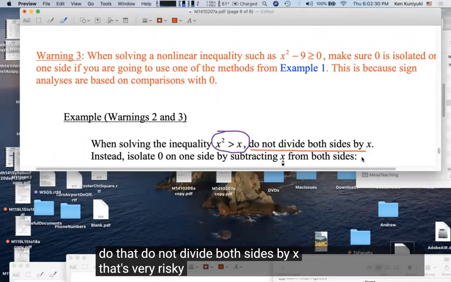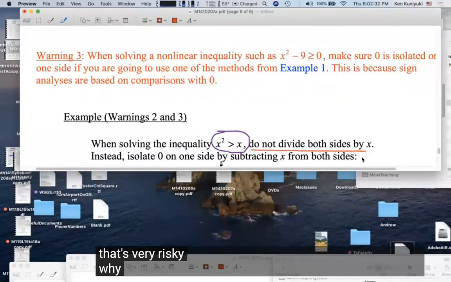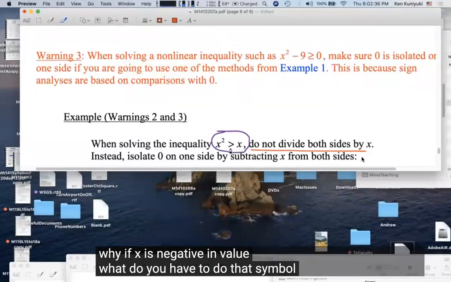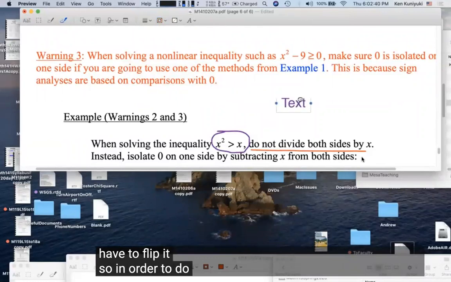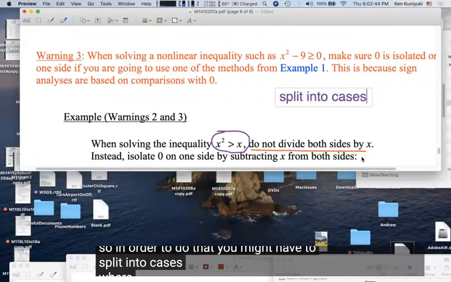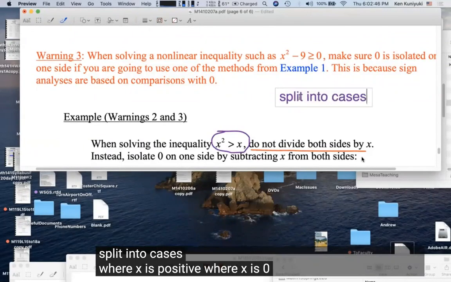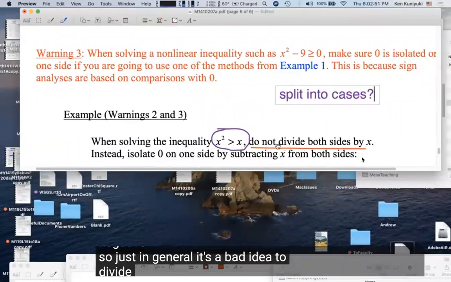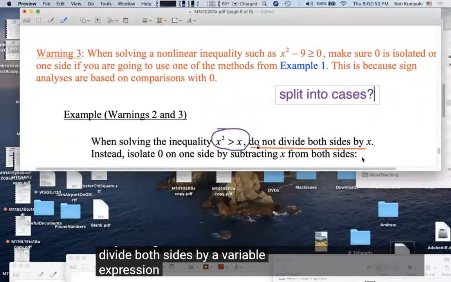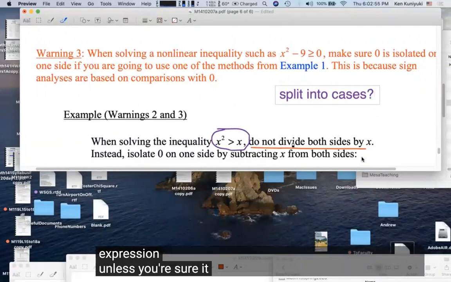That's very risky. Why? If x is negative in value, what do you have to do to that symbol? You have to flip it. So in order to do that, you might have to split into cases where x is positive, where x is 0, where x is negative. So just in general, it's a bad idea to divide both sides by a variable expression, unless you're sure it stays positive.